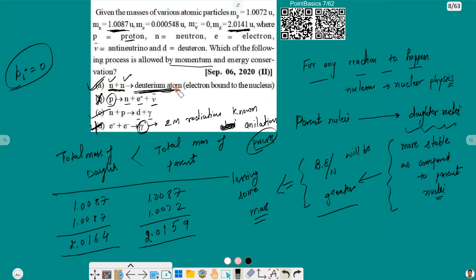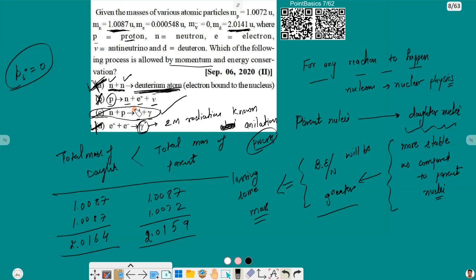Now this deuterium atom is a single one, so momentum conservation is difficult in this case also. So option A is also rejected. The only possible case is neutron plus proton equals deuterium plus gamma, where this gamma particle will help us conserve the momentum. So with this, option C is going to be the right answer here.